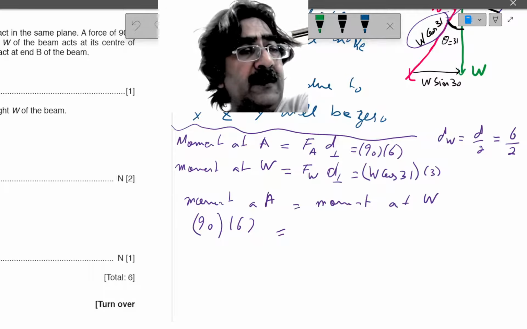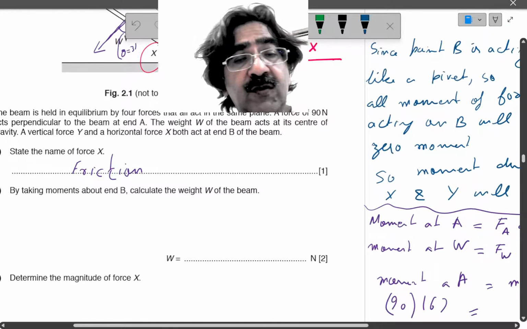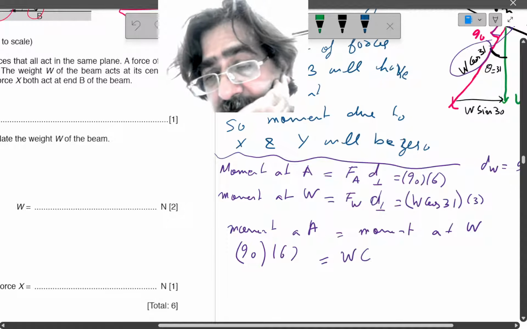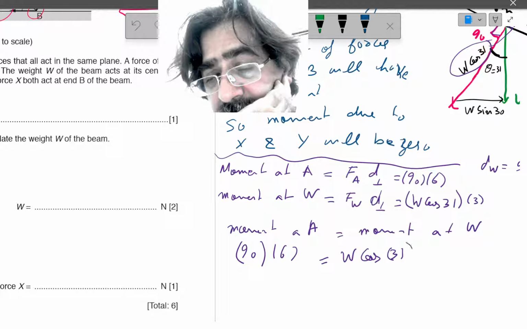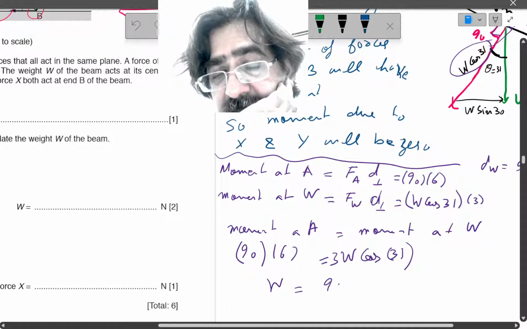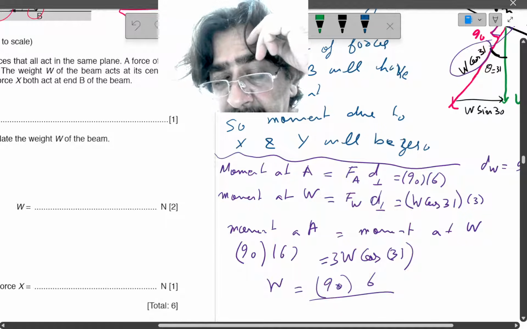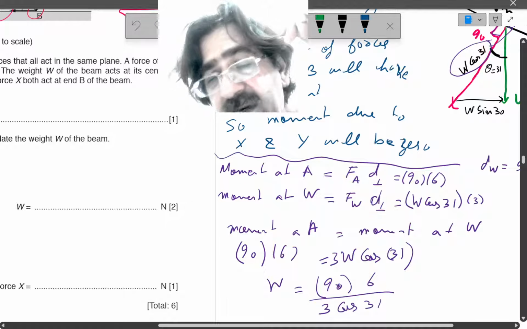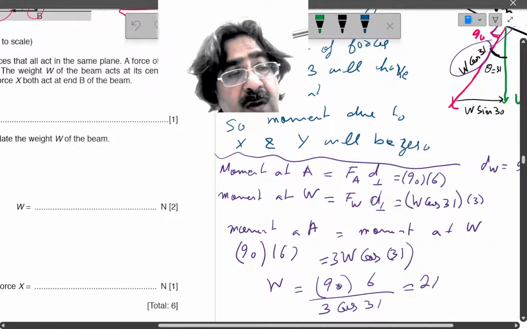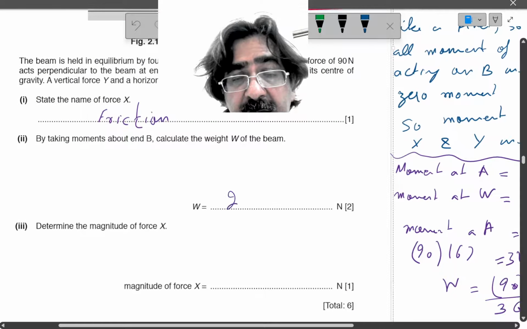Weight is not given, we have to calculate it. So W will be equal to 90 multiplied by 6 over 3 cos 31, and after calculating, that will be about 10 Newton.